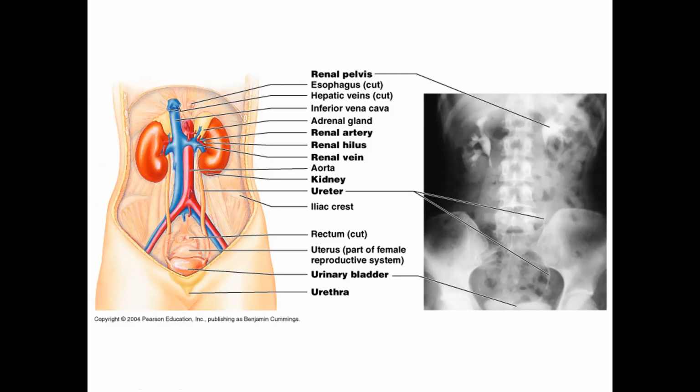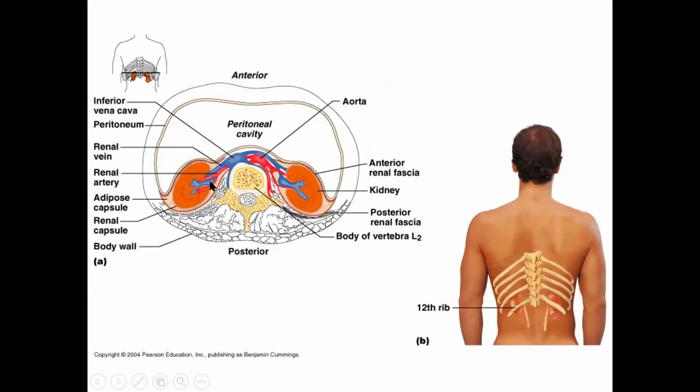Good. So the kidneys are in the abdominal cavity, and the left and right sides are not at the same level. It's uneven, but it's not showing here. From this posterior view, you can see the last pair of ribs are the bony protections for the kidneys.